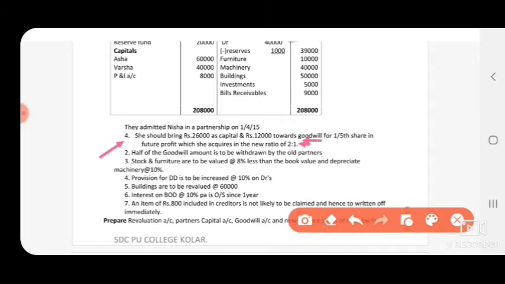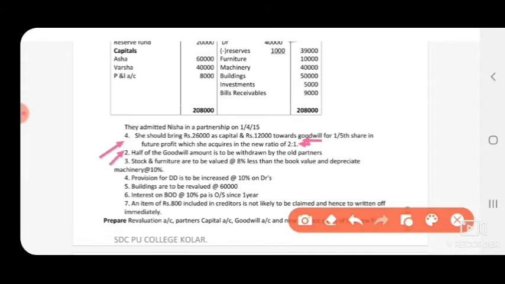This sacrifice ratio he has given separately. In the previous problem, the goodwill amount we shared in the old ratio only, because in the absence of a sacrifice ratio, the goodwill amount can be shared in the old ratio itself. But in this problem, the sacrifice ratio has been given separately.